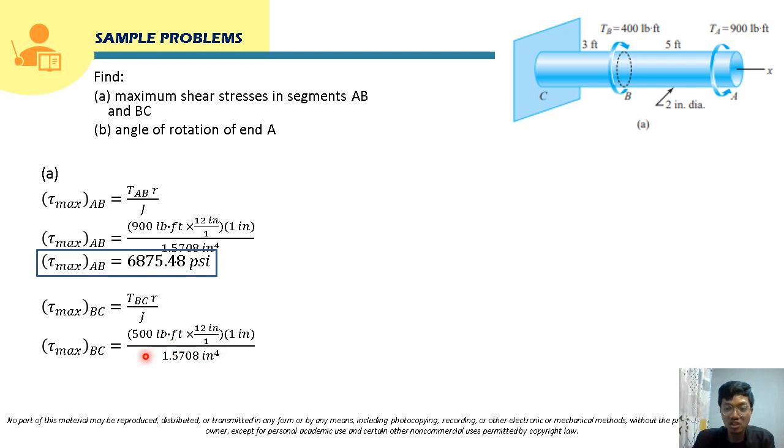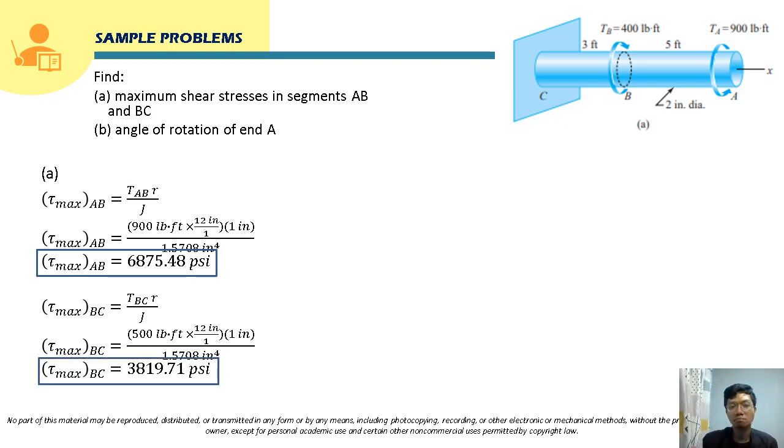This is the J, or the polar moment of inertia. So solving this, the maximum shear stress at segment BC is equal to 3,819.71 PSI.